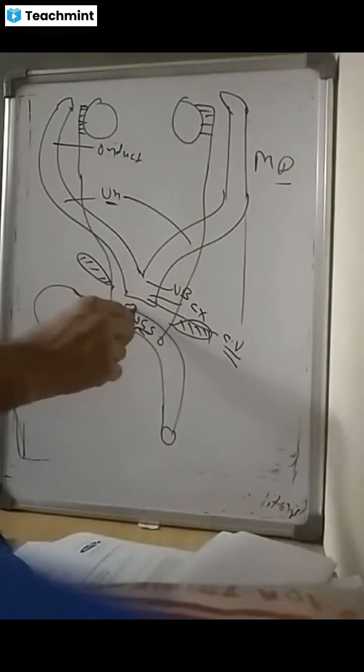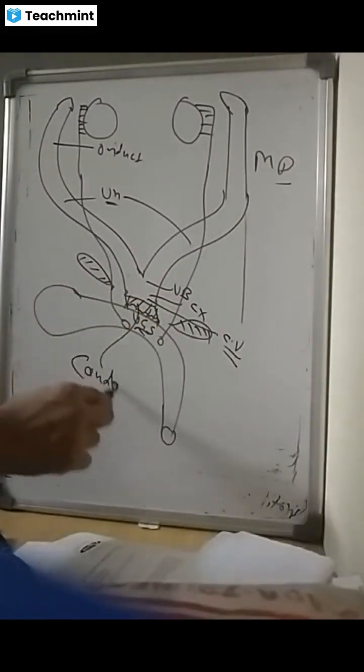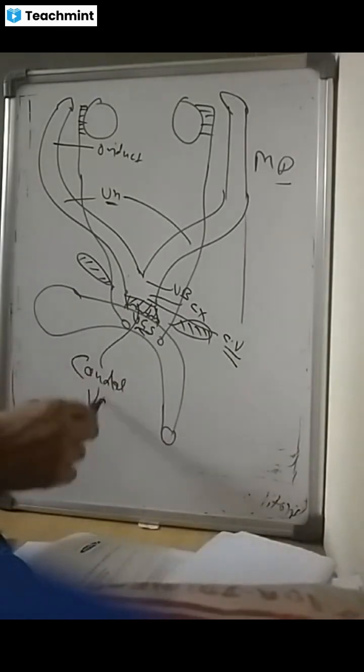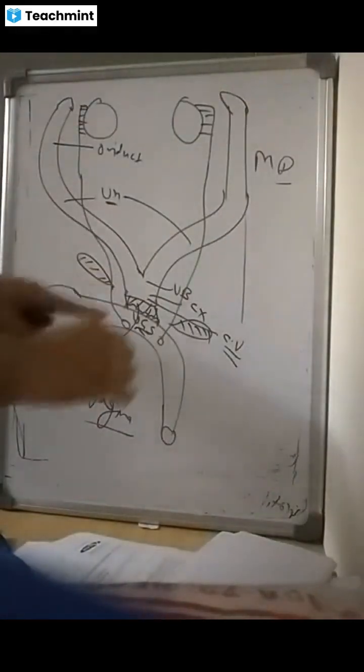The caudal vagina is from the urogenital sinus. So these are the derivatives.